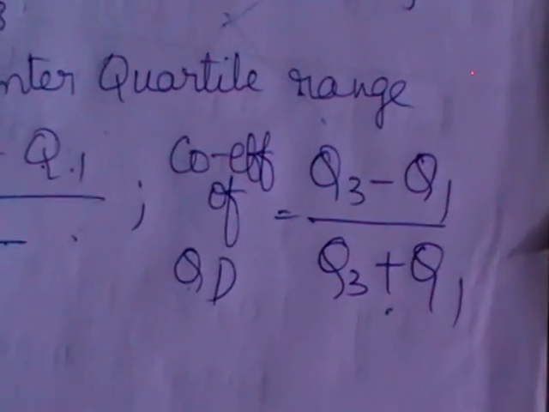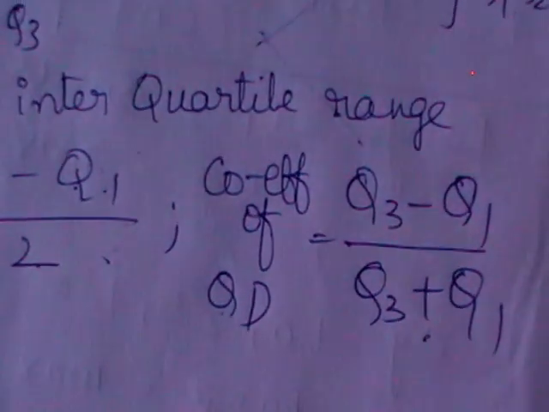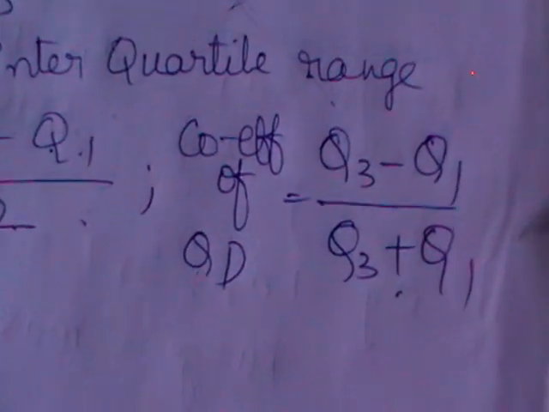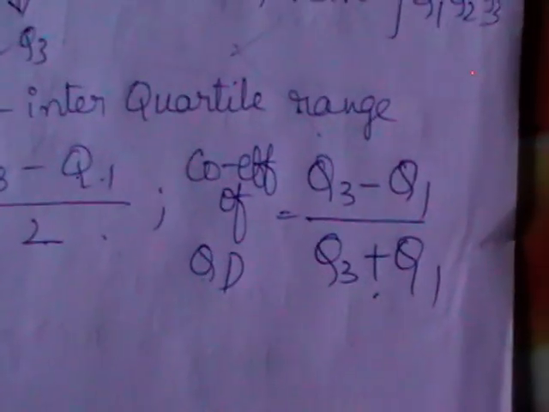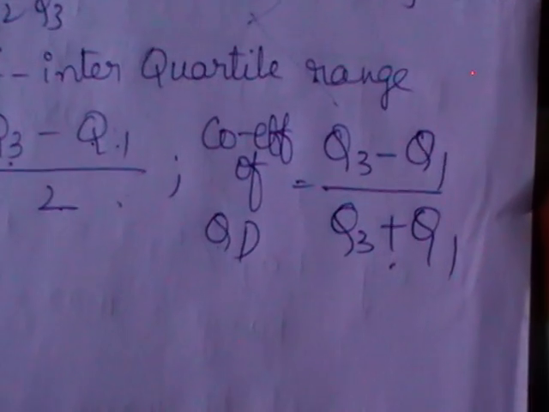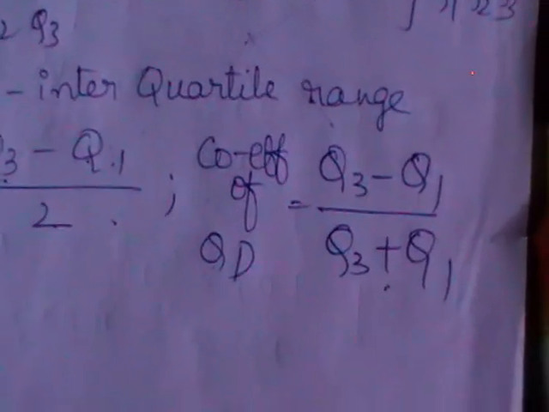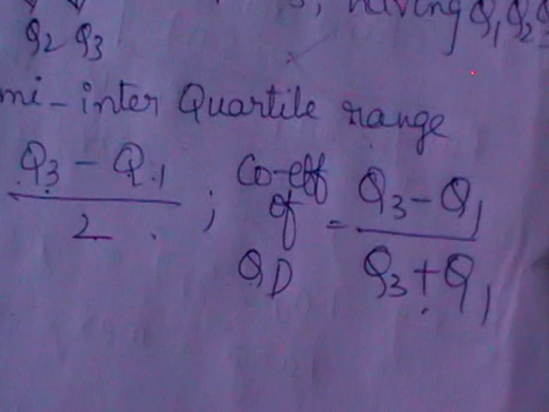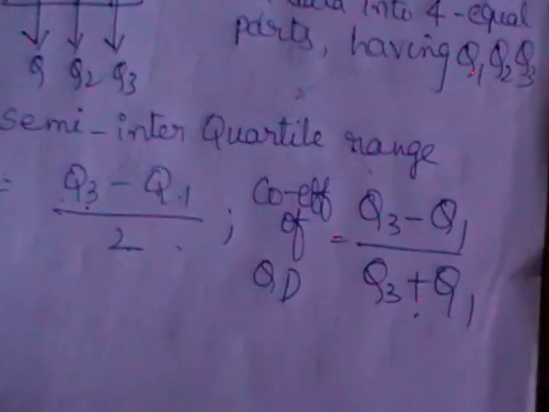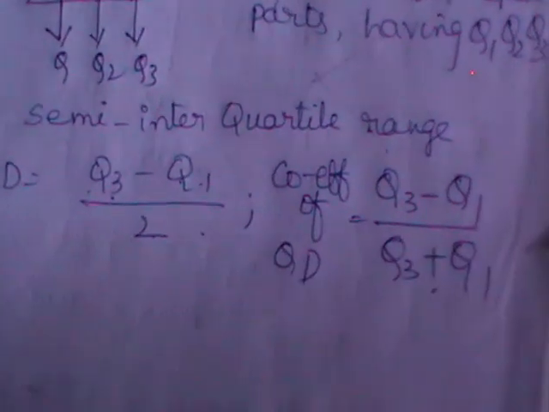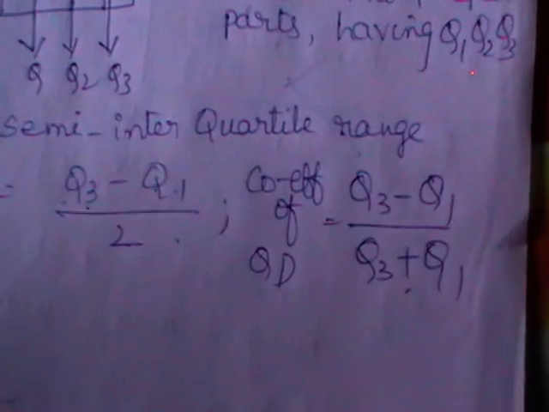Again I repeat, quartile deviation is the second measure of dispersion, which makes use of quartiles to calculate the quartile deviation or coefficient of quartile deviation. In general, quartiles are the positional averages which divide the data into 4 equal parts. There are 3 quartiles, Q1, Q2, Q3. The quartile deviation is also called semi-interquartile range.